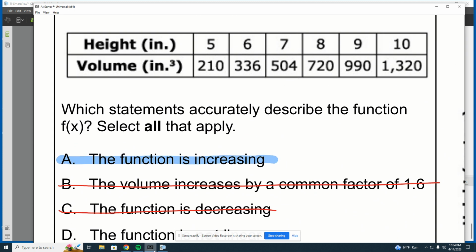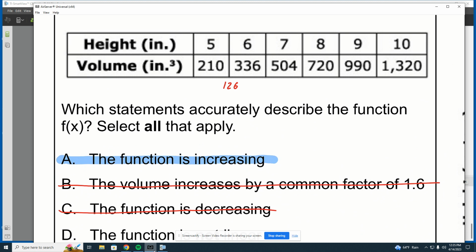What's 336 minus 210? 126. So check that. Let's see if you keep on adding 126. What's 336 plus 126? It'd be bigger than that.